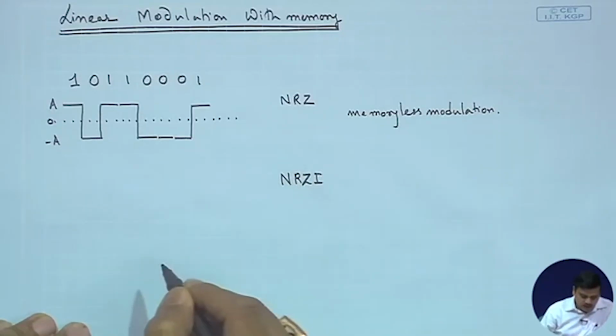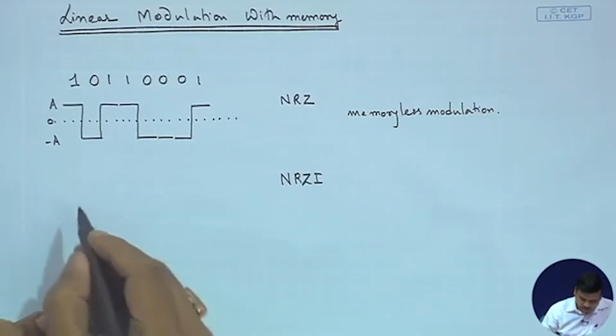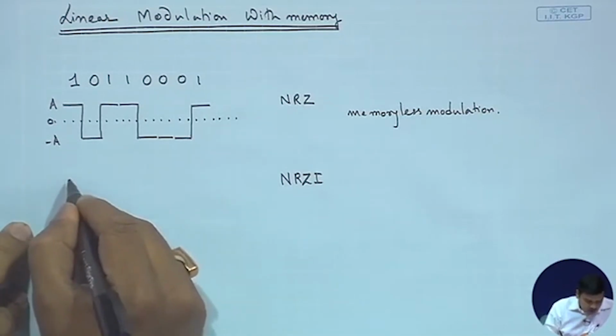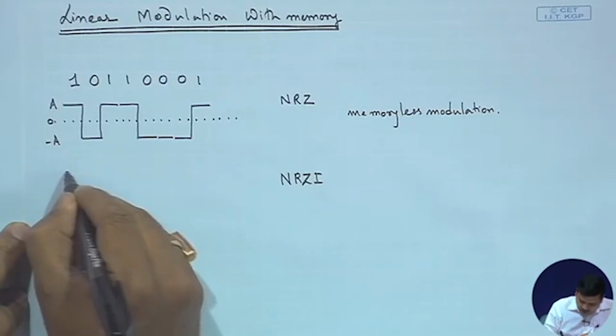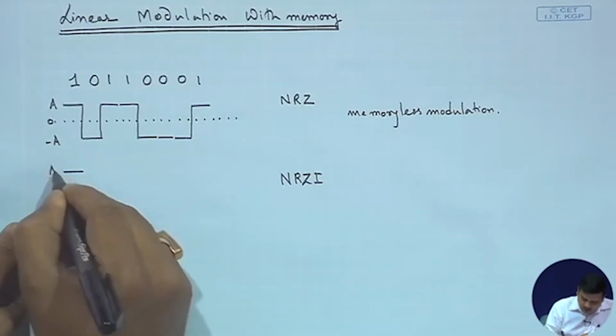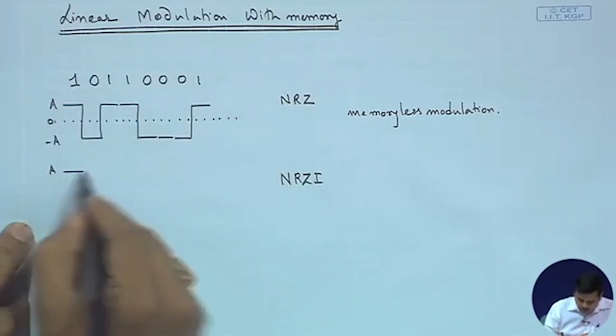And then there is another modulation which is very interesting, which is NRZI, and we will see what it is. What it does is, whenever there is a 1, there is a phase transition, and whenever there is a 0, there is no phase transition. So, suppose we begin with plus A for 1, suppose you are in this state.